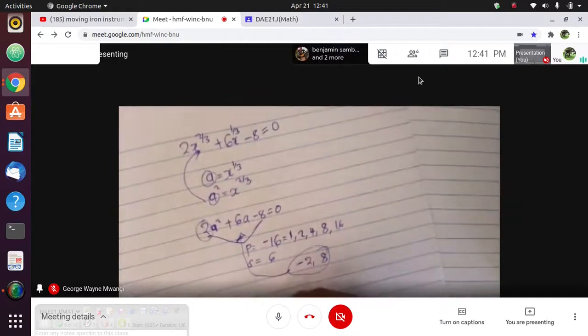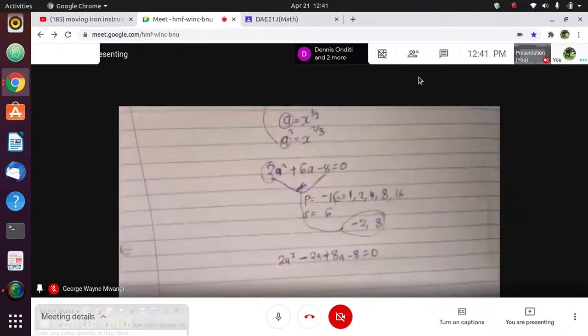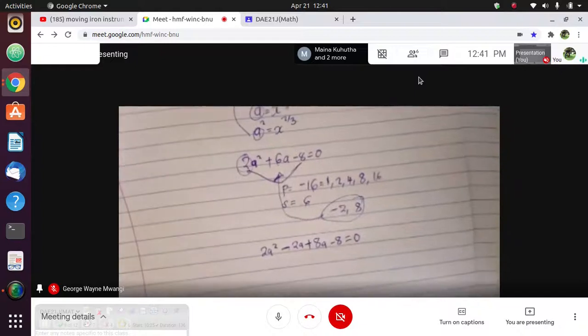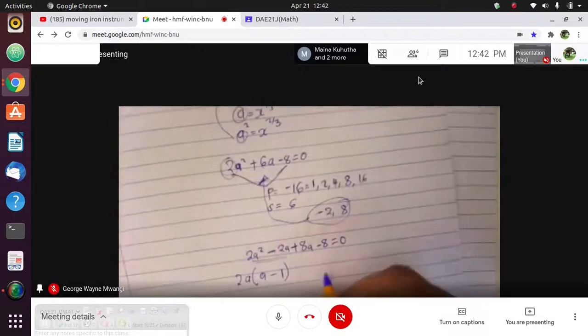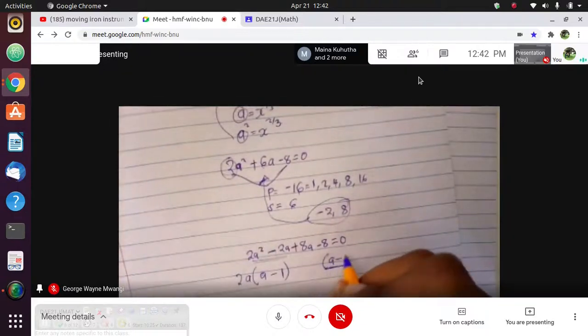Now we use these two numbers to write them above. So 2a squared minus 2a plus 8a minus 8 is equal to 0. Now using the first two terms, let us factorize 2a squared minus 2a. Our common factor there is 2a, so a minus 1. I should get the same here, a minus 1.